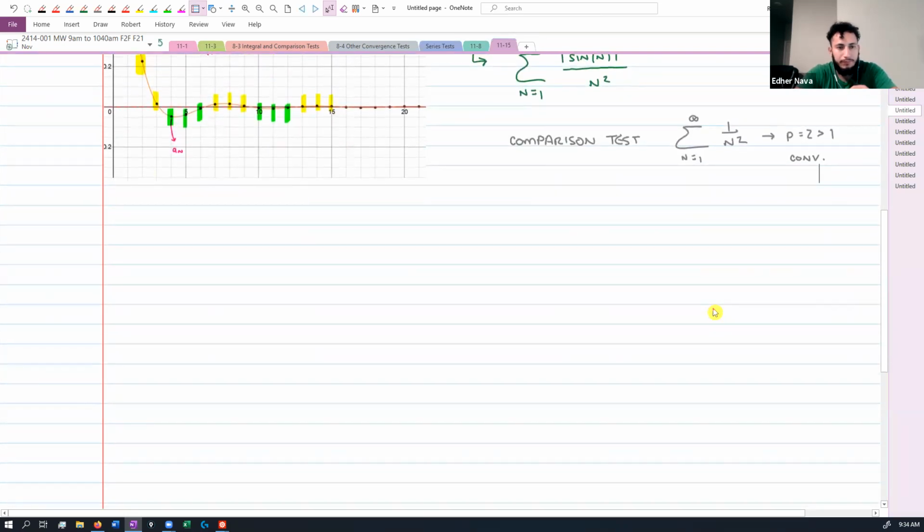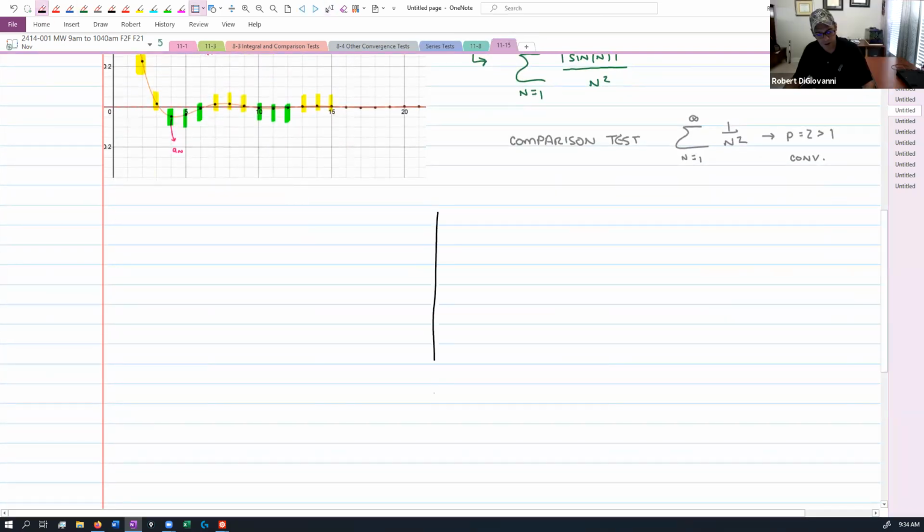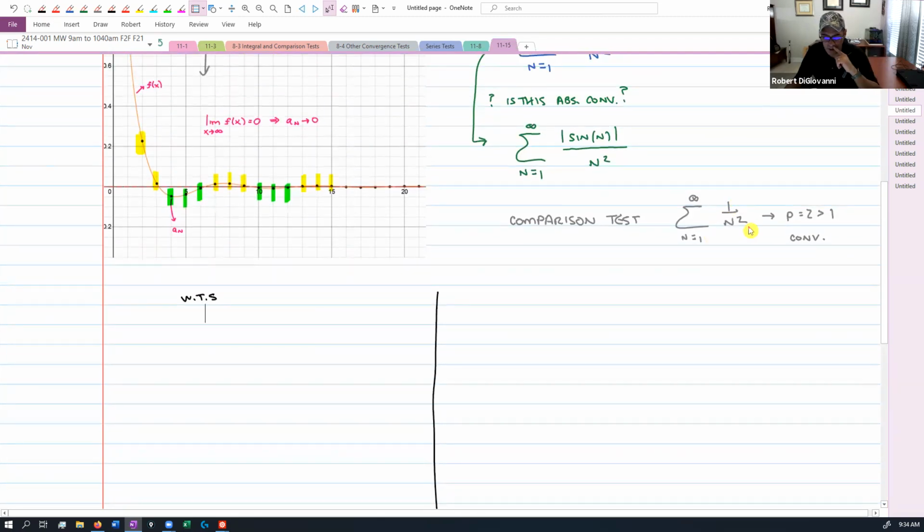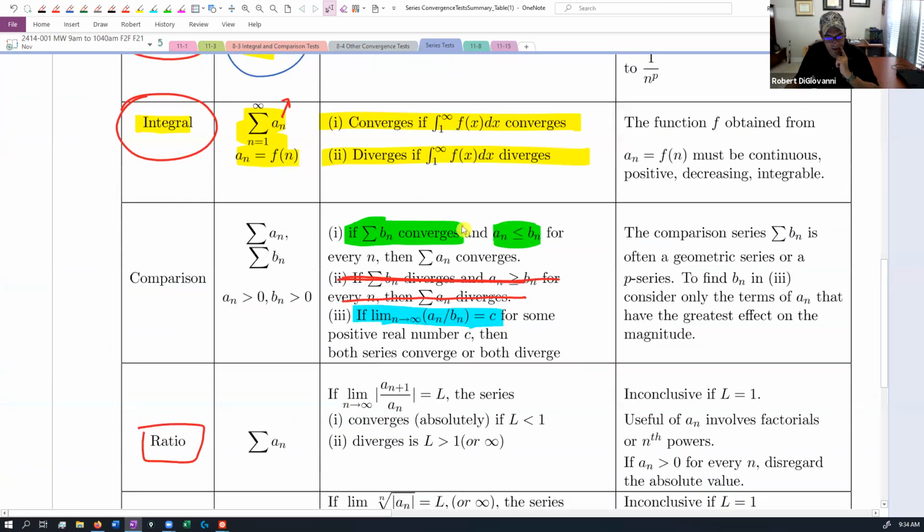So I'm going to split this up into two different ways. The first way, what do I want to show? If this one converges, I need to show, according to the test, that A sub n is less than B sub n, where A sub n is the original series and B sub n is the new series.